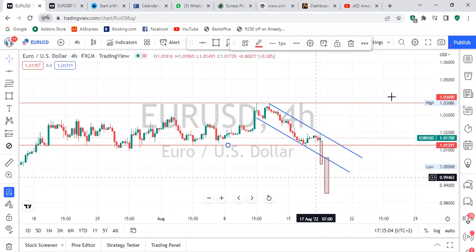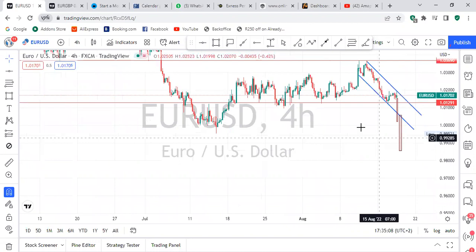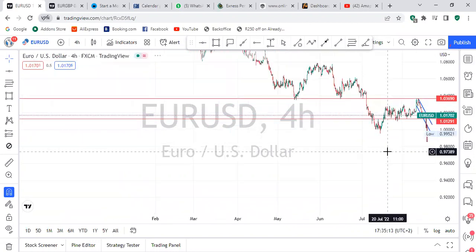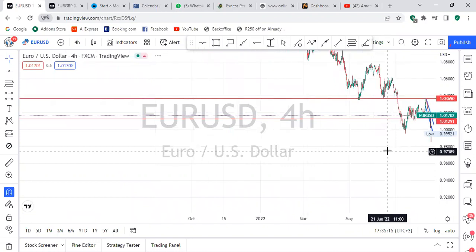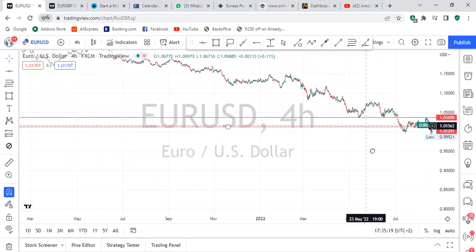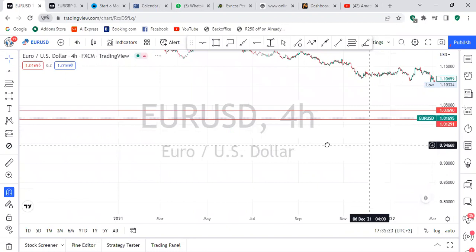And your take profit, you look to the left. Where do we think our price is going? If we try to do this, there is really no place we are going.